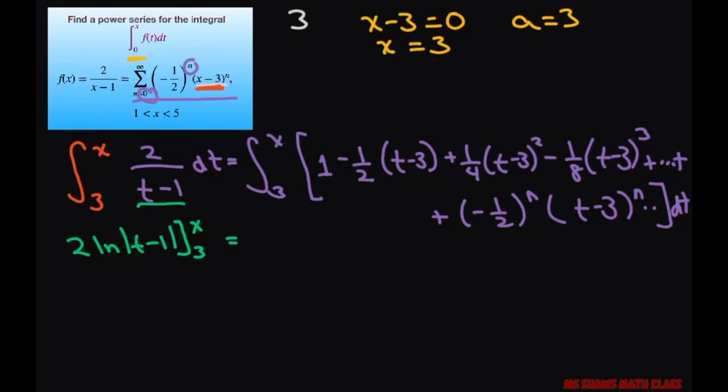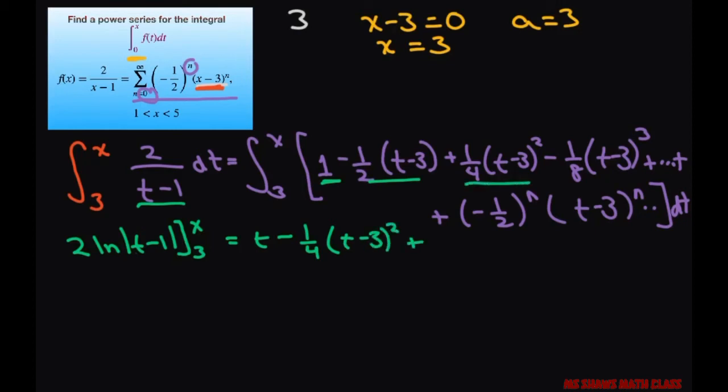For this piece, we're just going to get t. And for the second piece, we're going to get minus 1 fourth t minus 3 squared.